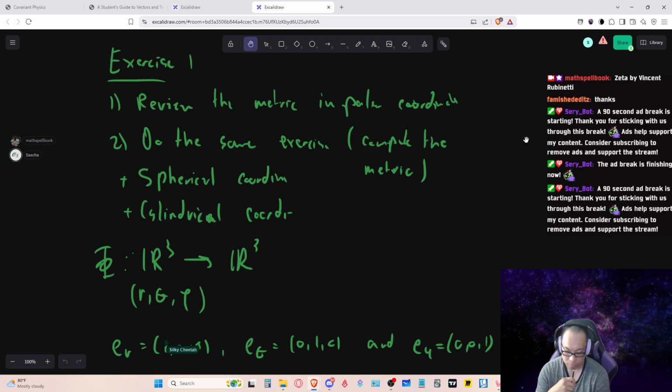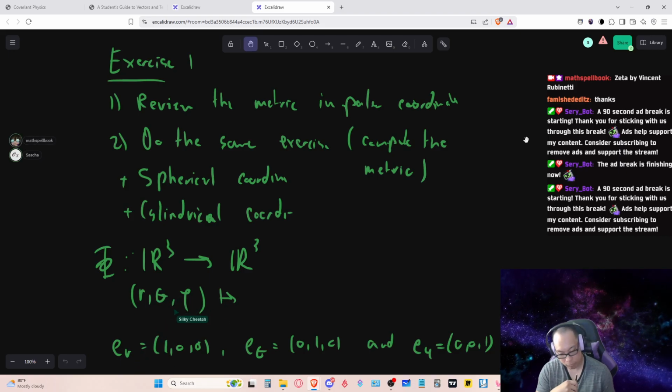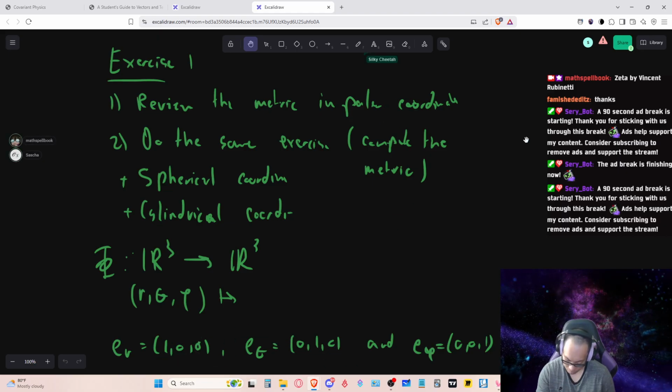Well, you will get a metric on R3, but when you look at it in spherical coordinates, there are three coordinates. You have one axis for the R, one axis for the theta, and one axis for the phi. And what I want is the metric in terms of those.